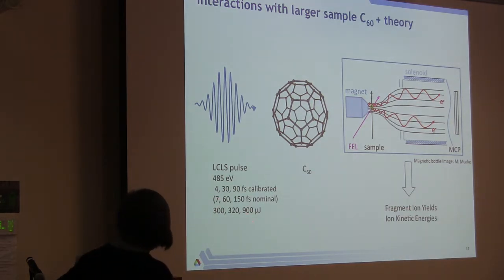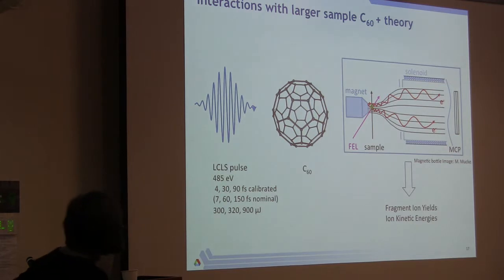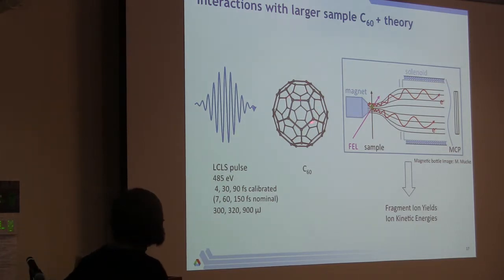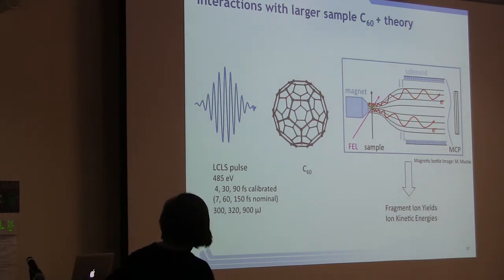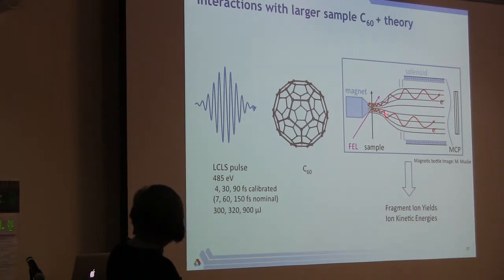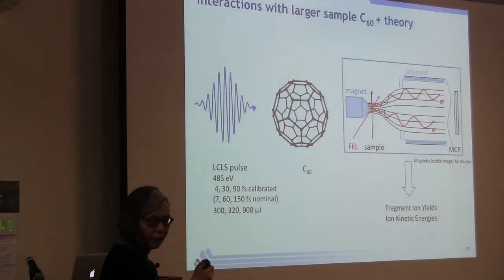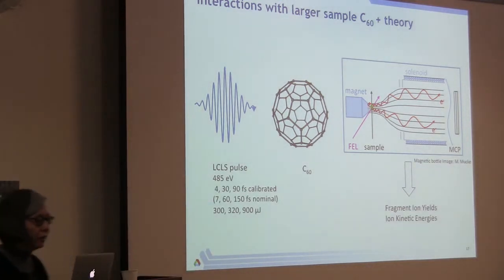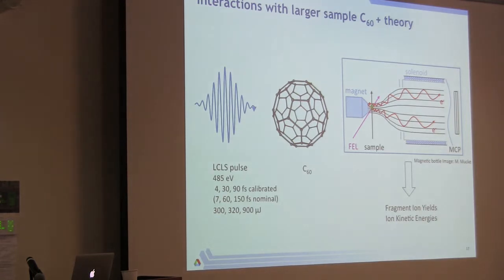And they had various high pulse energies onto this C60 molecule. Then what they measured using a magnetic bottle spectrometer were the fragment ion yields and ion kinetic energies of each ion, but not necessarily in coincidence with each other. But still, that gives you a lot of information.